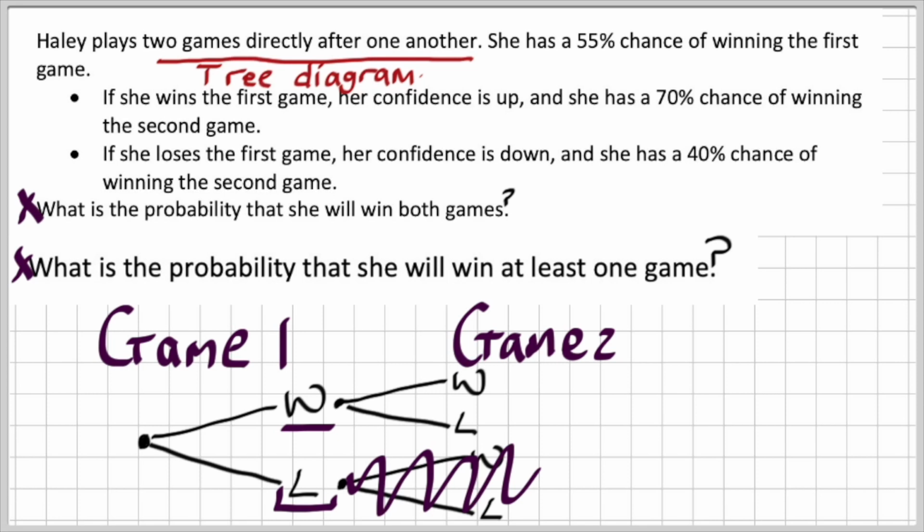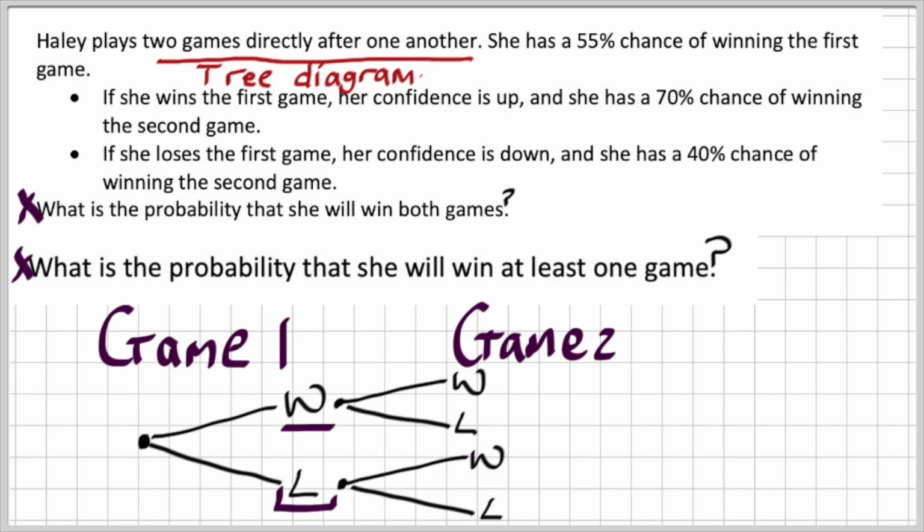So you've got to be careful, because a teacher can actually form a question in such a way that if the team loses, they get knocked out. So please be careful and read the information given very clearly when you do a tree diagram. Don't just assume that all tree diagrams are going to look the same.